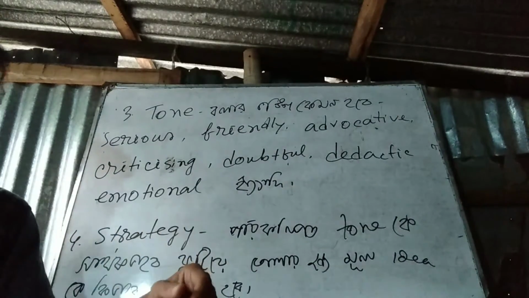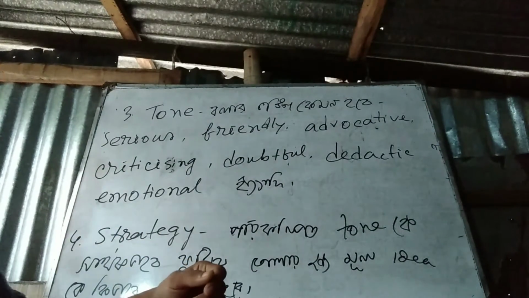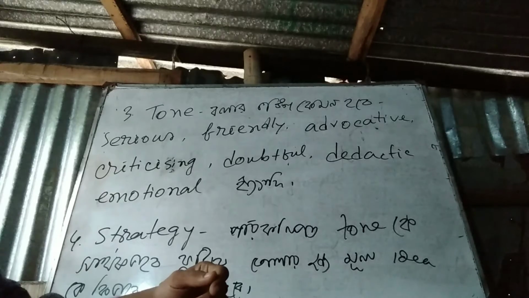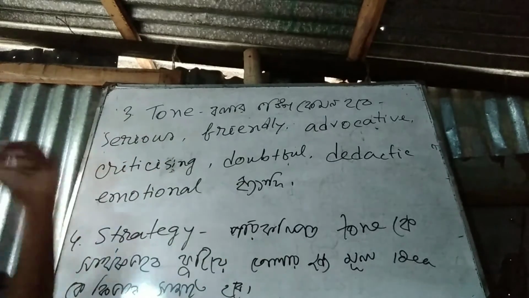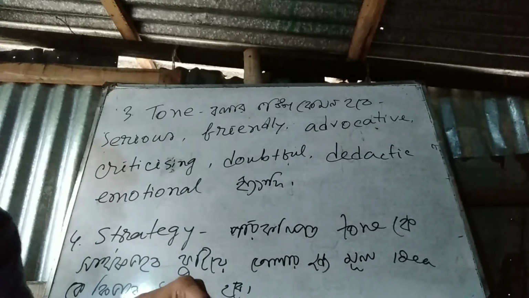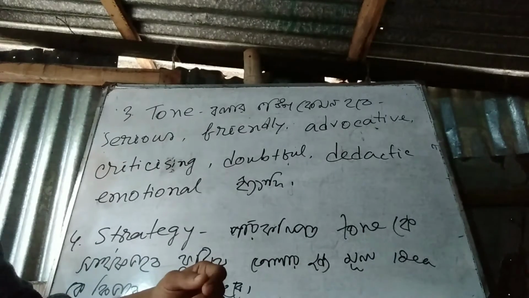We are going to write water pollution, so it is criticizing, and it is also didactic, and it is also serious. This kind of tone will be there in a paragraph like water pollution.